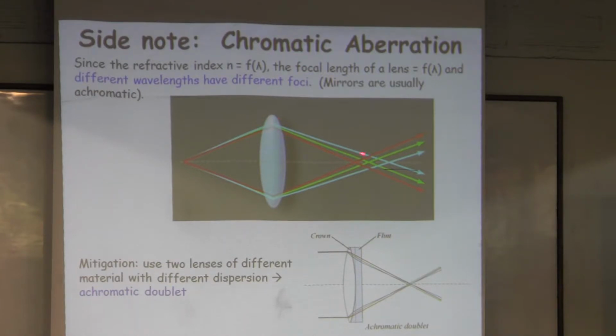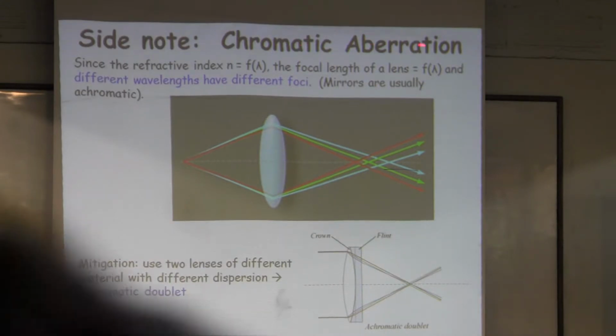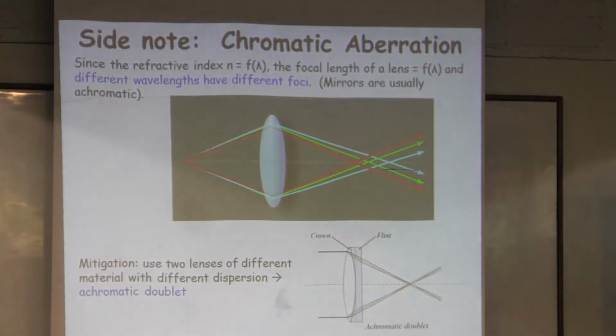As we said before, longer wavelengths are almost always less affected by almost everything, also by refraction. So the blue light is the one that should be refracted stronger and have the shorter focal length, and the red light should have the longer focal length. If you check Wikipedia for chromatic aberration, you'll find it correct.